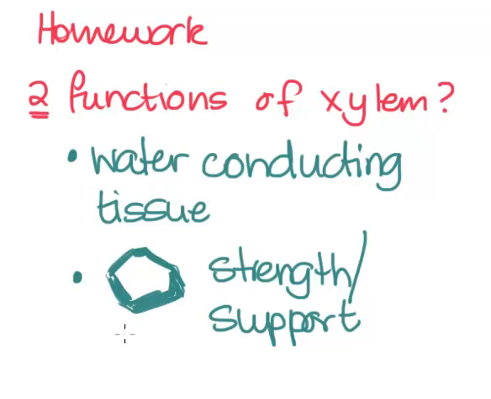And this function you can see very often in plants that have woody stems or trunks, as in trees. Trees would never be able to grow as tall as they do if it were not for the strength and support given by the secondary xylem.